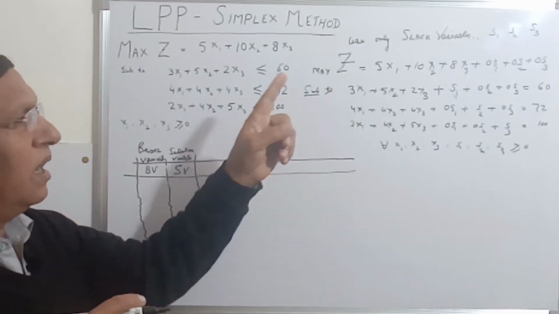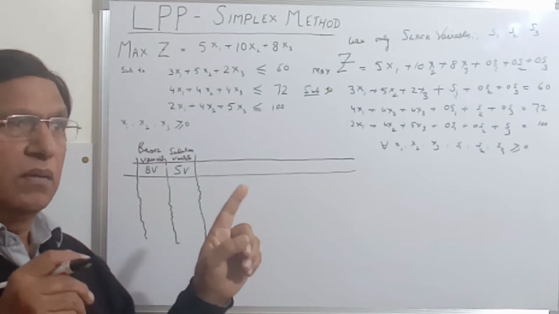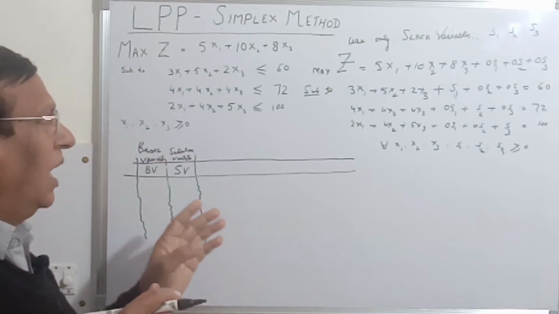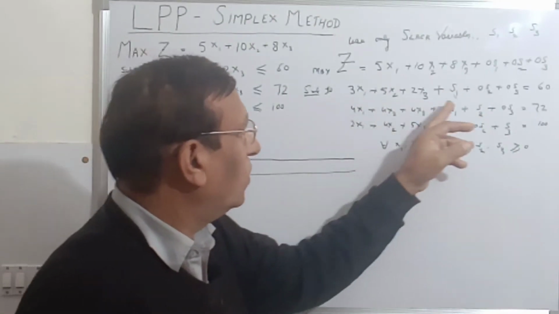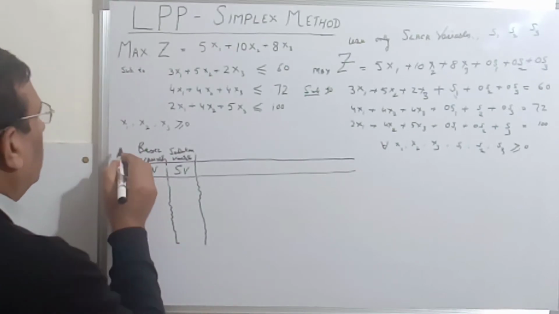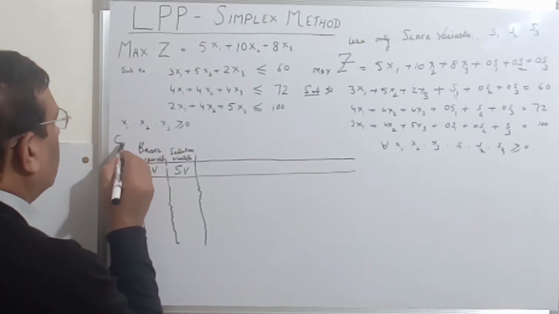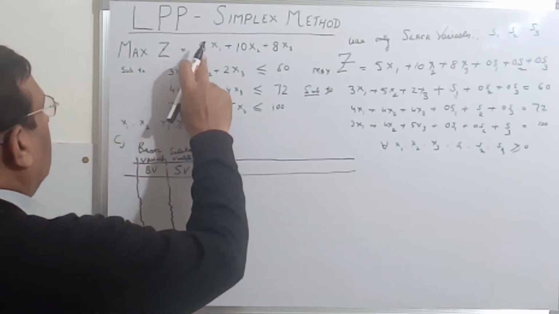Slack variables are basic variables because slack variables are positive variables and they are added with a 0 coefficient in the objective function, 1 coefficient in the constraints. So for the basic variable, here we write Cj. What is Cj? Coefficient, C for coefficient.